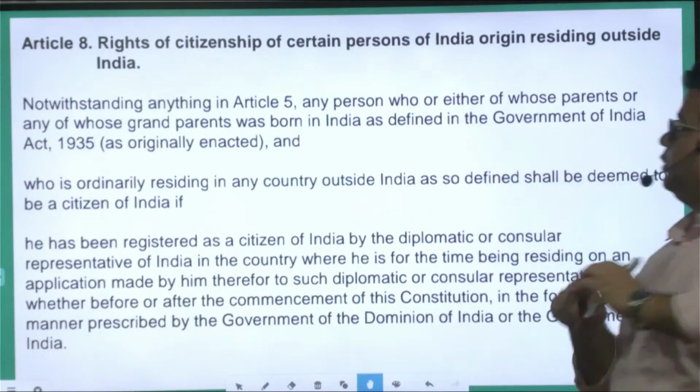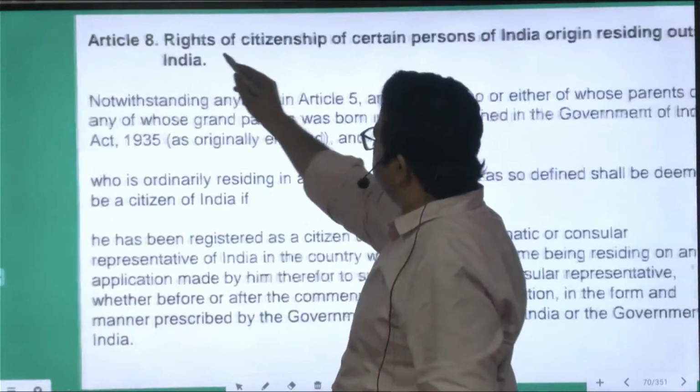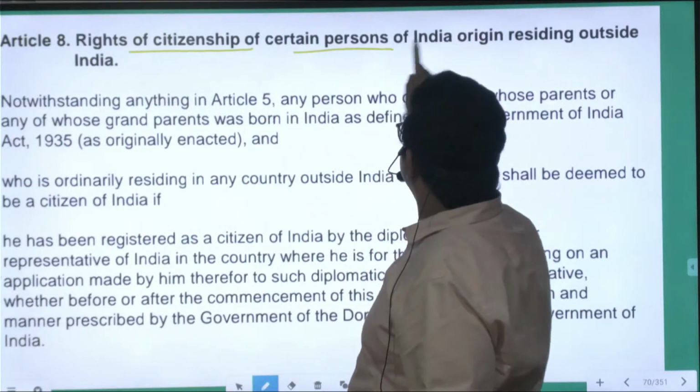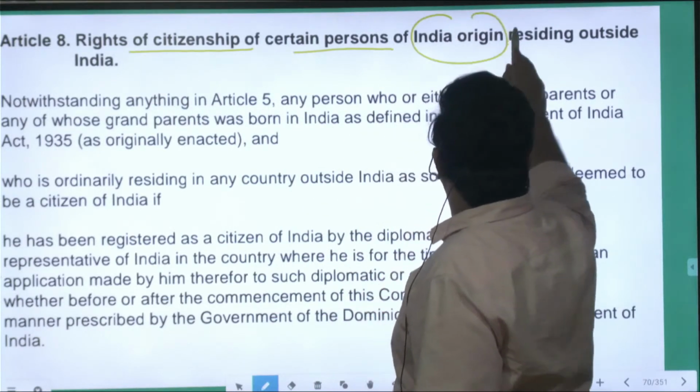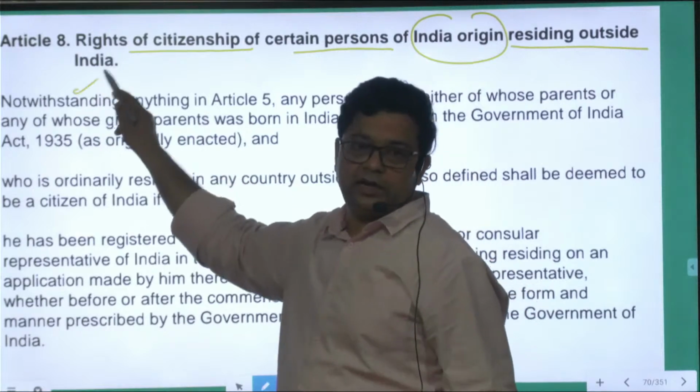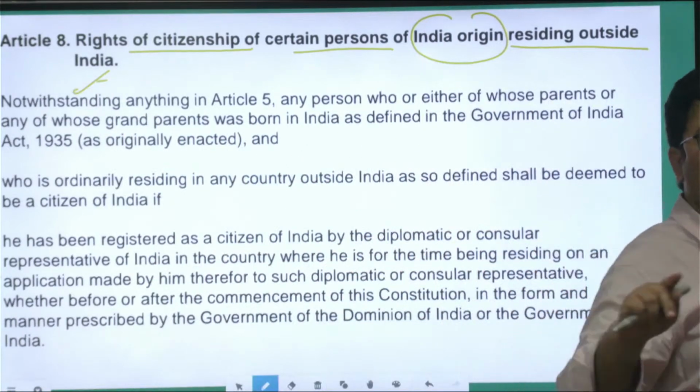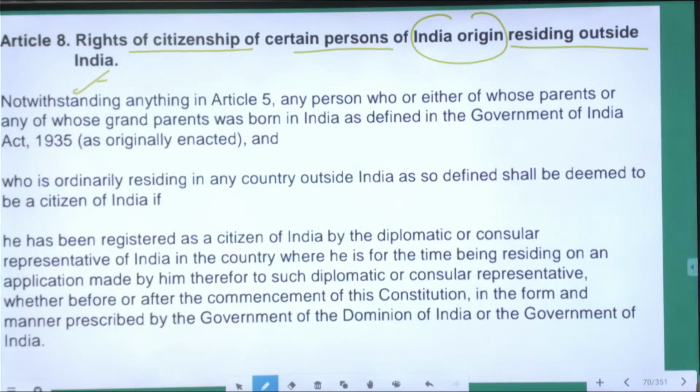So this talks about rights of citizenship of certain persons of Indian origin residing outside India, like Sunita Williams, who is of Indian origin residing outside.